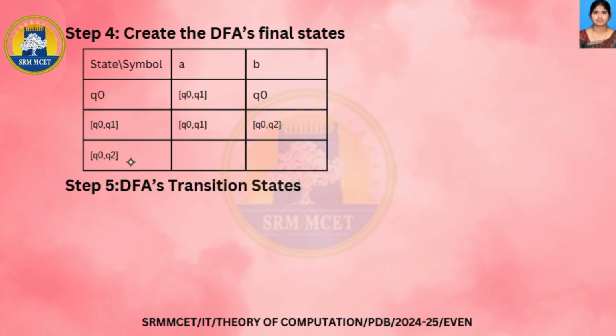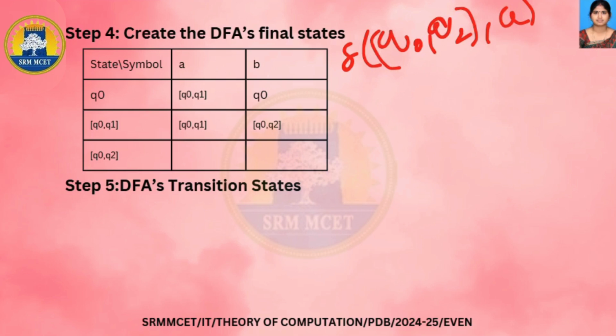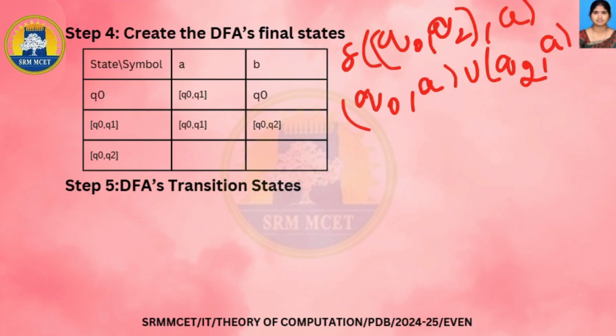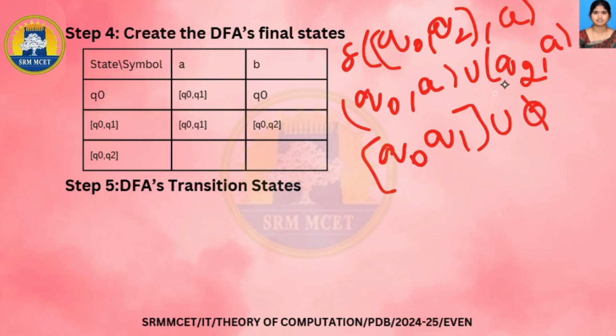So let's see for the state Q0, Q2 using the input A: Q0 using the input A union Q2 using the input A. As per the NFA diagram, Q0 using A is Q0 Q1, and for Q2 using A there is no transition.